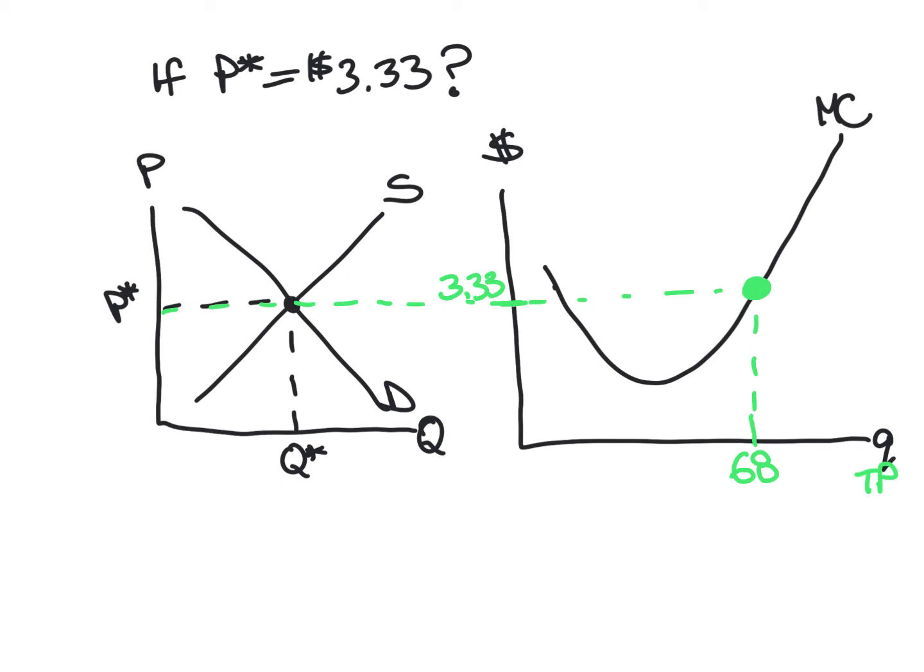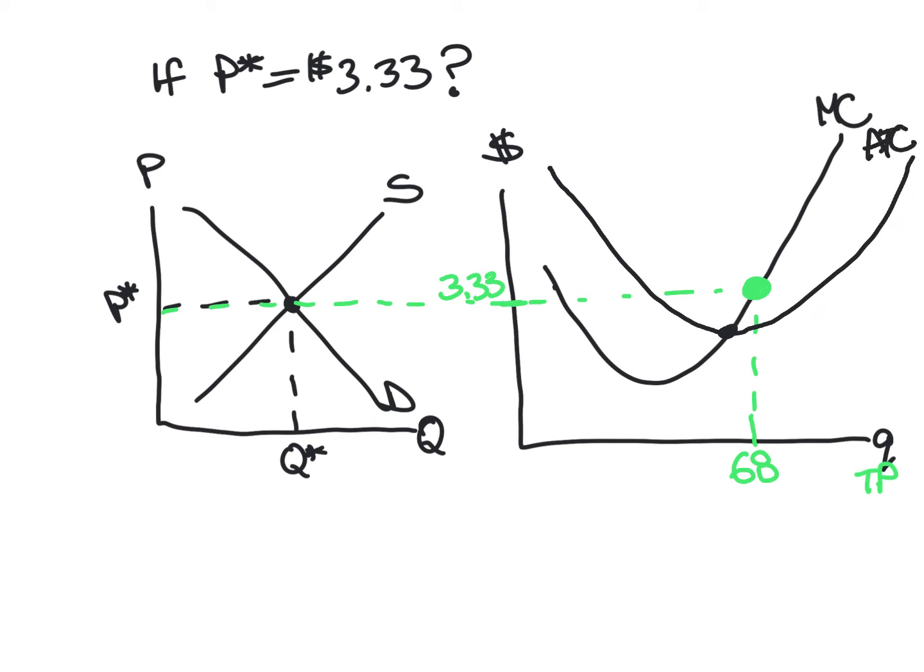To determine that, we need to include the average total cost curve in this illustration. So average total cost will start out really high, and then it'll bottom out right where it hits marginal cost, right here. That's the minimum, and then it'll start increasing again. So that's our average total cost.